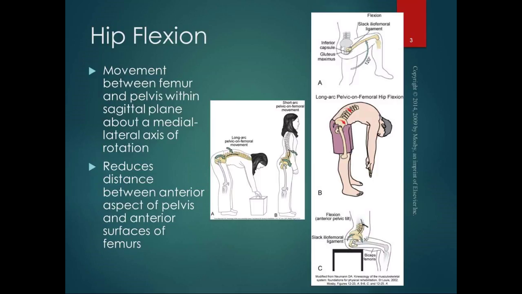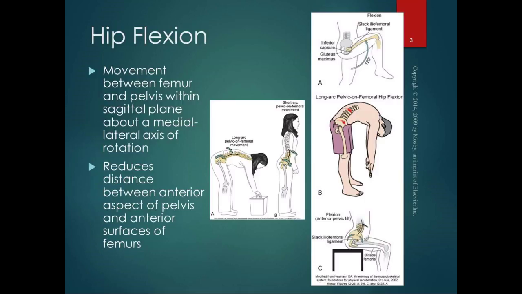In that second picture, she is still taking the anterior aspect of her pelvis towards the anterior surface of the femur, but the trunk is not having as much displacement, and we just have a small anterior pelvic tilt. It's still hip flexion, but it's a short arc pelvis on femur motion.